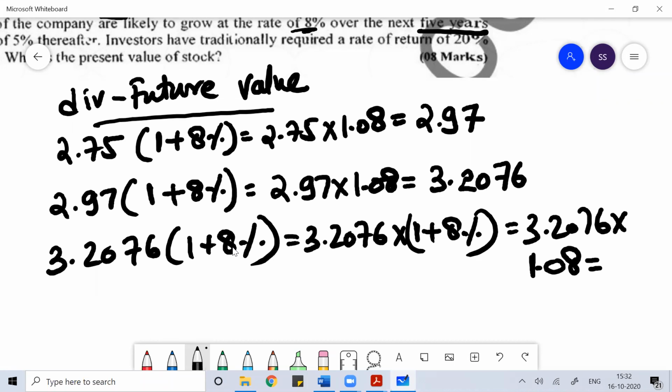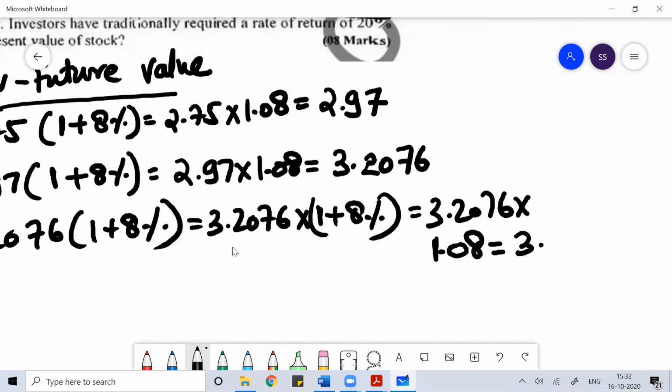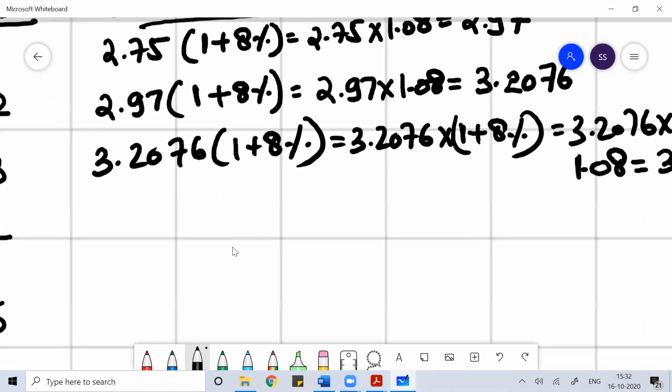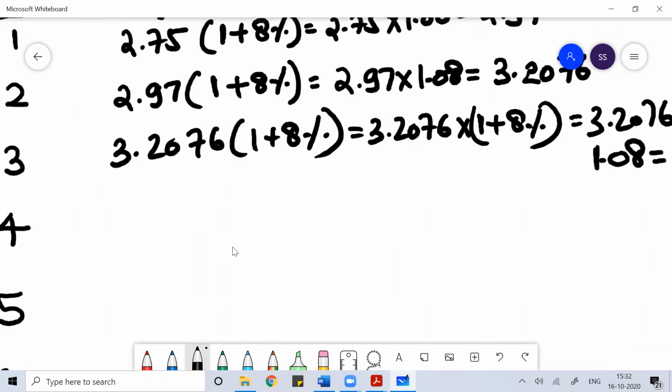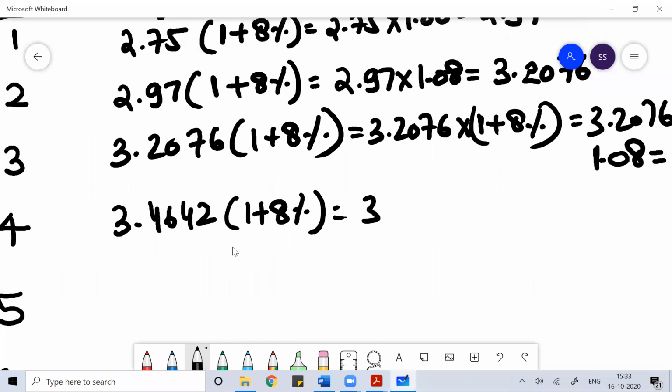That is 3.4642. Then for next year, 3.4642 grows at the rate of 8%. This is 3.4642 into 1.08.